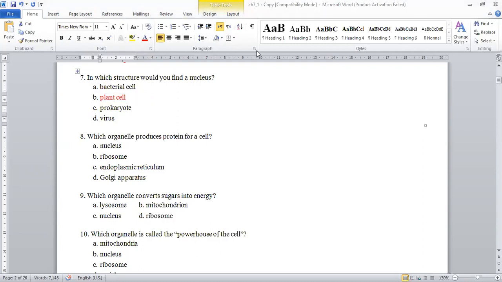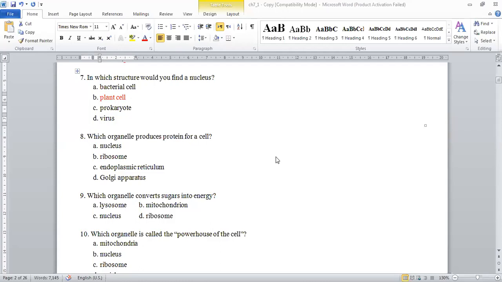Raise your hands, guys. Okay, simple. Question 8: Which organelle produces protein for a cell?